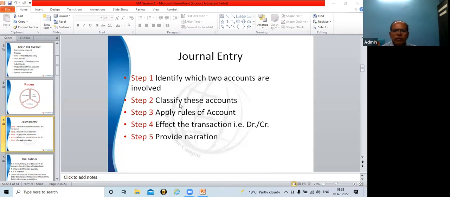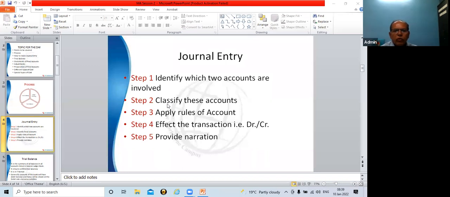Now let me tell you, friend, once you are acquainted with these rules, it becomes mechanical. These steps you automatically follow. For example, when we drive a car or a two-wheeler on the road, whenever there is traffic or some speed breakers, we apply a brake and then we shift our gear.